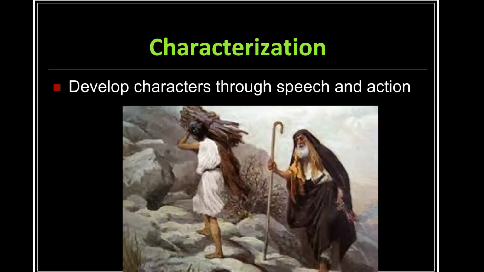A third way to develop characters is through speech and actions. While we are occasionally allowed inside the minds of characters, usually we learn about them by what they say and do. When Abraham is told to sacrifice Isaac, we are not allowed to learn his thoughts or even what he says to God or his wife, only that Abraham rose early in the morning, saddled his donkey, took his 2 servants with him, and his son.